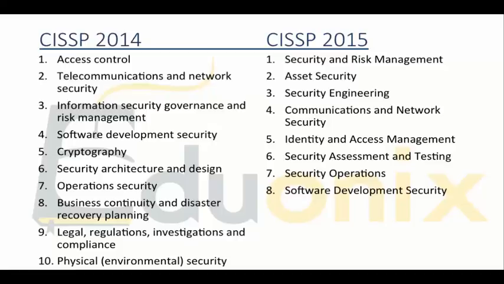Security assessments and testing will cover designing, performing and analysing security testing. Security operations will cover foundational concepts, investigations, incident management and disaster recovery as well. Software development security, or SDS, covers understanding, applying and enforcing software security. And that's it. I'm sure if you wrote down all the different things that it covers, it would be spread across rather evenly between the 2015 and the 2014.